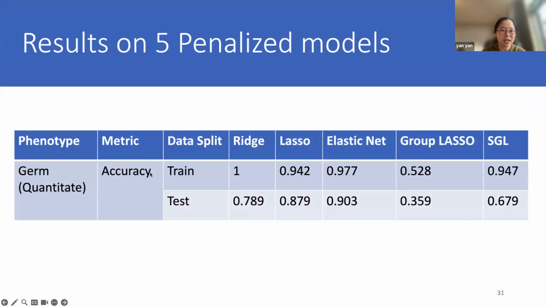So we first look at this quantitative phenotype, germination days. We just look at accuracy, how the 5 penalized regression models work. When we separate the data into train and test, we look at their accuracy.